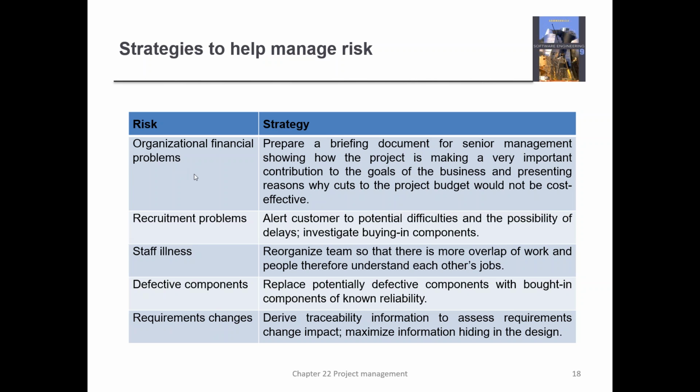All right. Now, what this means is that the organizational financial problems they're talking about can be regarding your software engineering company, or it can be the client's company. Regardless of whichever company is in financial trouble, a way you can help to manage the risk is to do a cost benefit analysis and show your managers how the company would gain financially if they maintain the project budget.